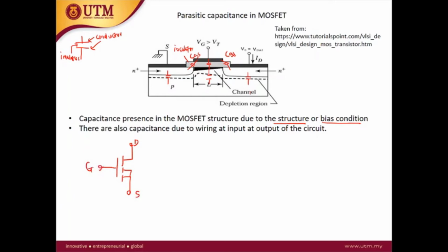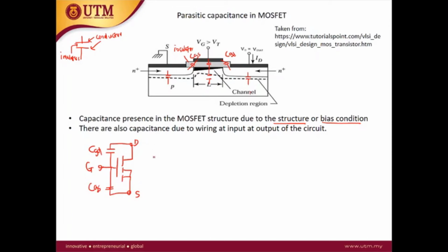The basic rule is that between two terminals there will be a parasitic capacitance. For example, between the gate and drain we have the parasitic capacitance CGD, and between the gate and source we have another capacitance called CGS.